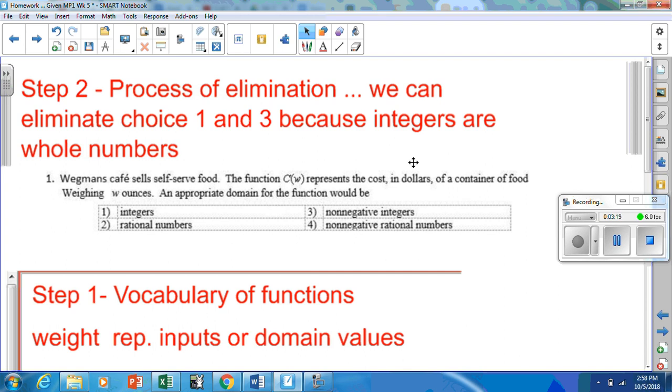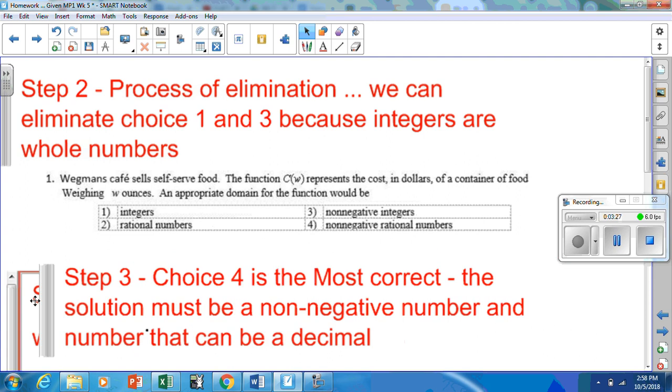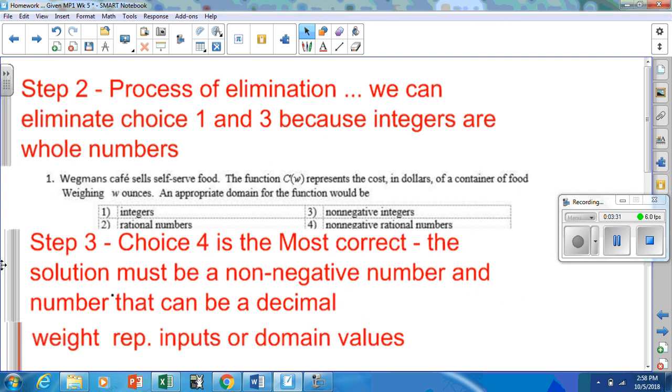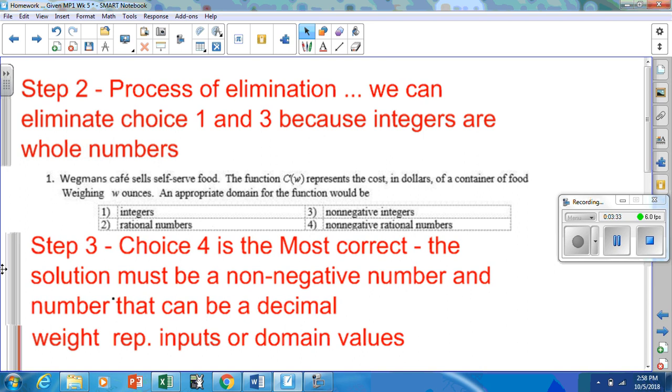All right. And we're looking for a weight that is not necessarily a whole number. So our choice must be a non-negative number that can be a decimal.